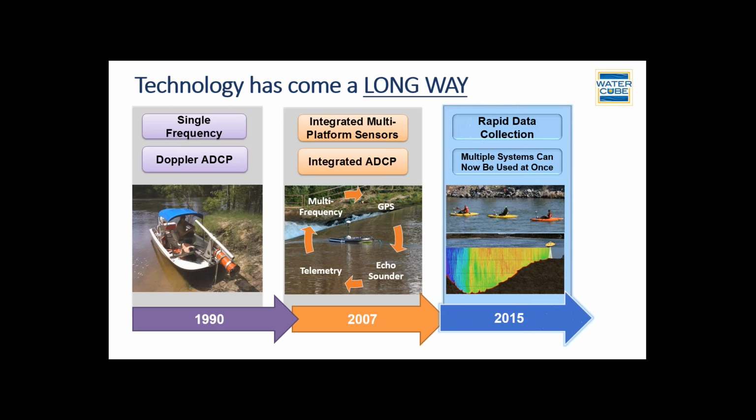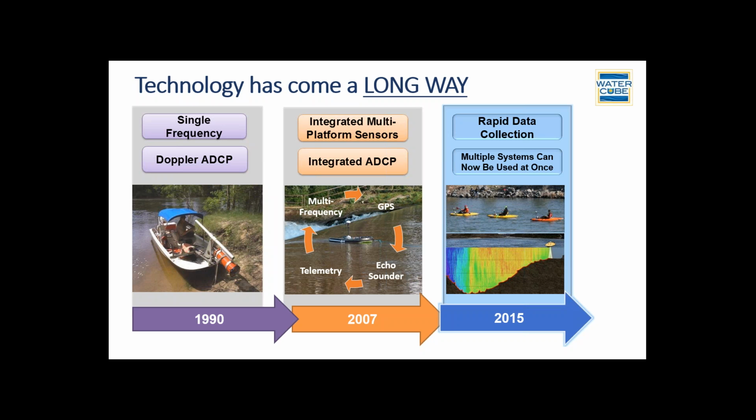Technology has come quite a long way, and it certainly has enabled us to do things differently with the data collection efforts and methodology. Going back to the 90s, when there was a single frequency ADCP, it certainly took much longer to collect some of the data that you require for discharge or other types of measurements.